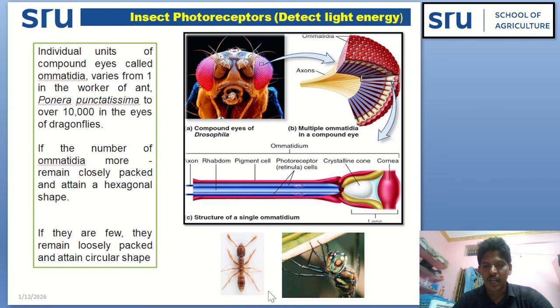So in this ant, only one ommatidium is there for the compound eye, but in case of dragonfly, around 10,000 ommatidia are there for each compound eye. If the number of ommatidia is more, they remain closely packed and attain a hexagonal shape. If they are very few in number, they remain loosely packed and attain a circular shape.